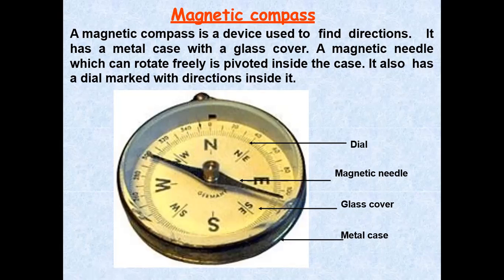It rotates inside that case. And because it is freely suspended, it is free to move. That's why it will always point towards the north-south direction, right? So that's why the magnetic needle is placed in it.